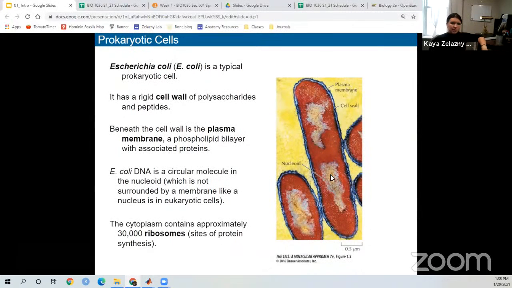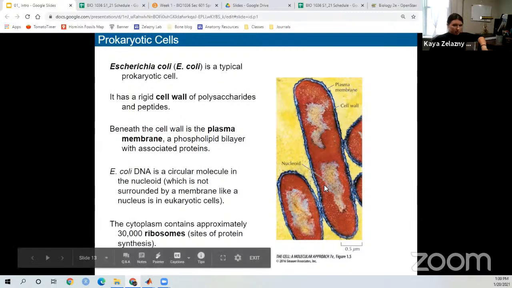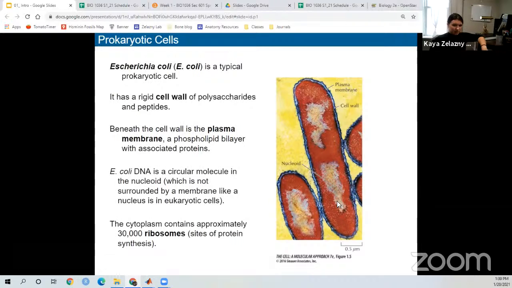We'll notice that while it does have this kind of central area, it's labeled a nucleoid region. So this is not actually a nucleus. We'll see that nuclei are pretty circular, they're dense, and they have a membrane surrounding them. A nucleoid region is more like a vague area in the cell where you would find genetic material in a prokaryote specifically.